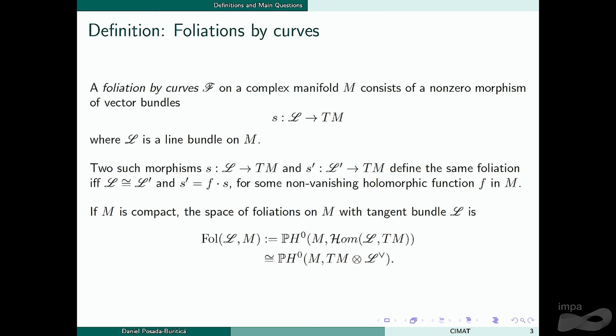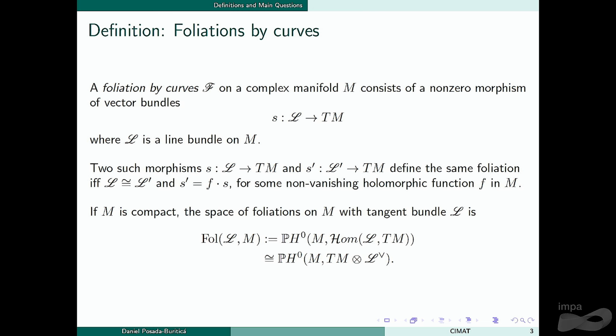Two different morphisms can define the same foliation, and that is the case if and only if the line bundles are isomorphic and there exists a non-vanishing holomorphic function f on the complex manifold such that S prime is equal to f times S, where S prime and S are the sections that define the foliations.